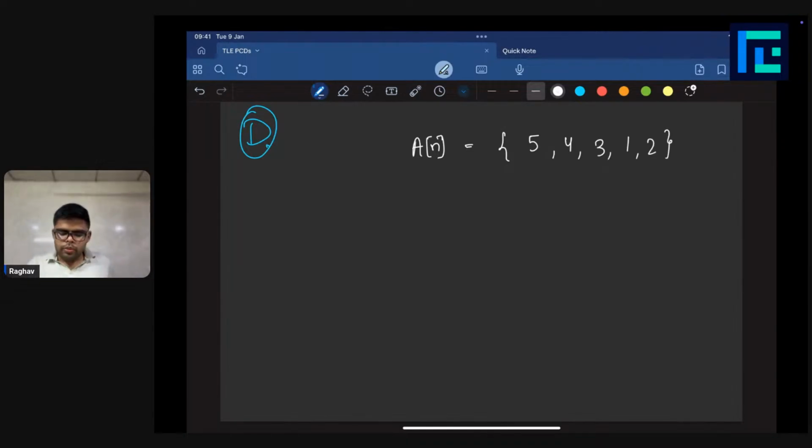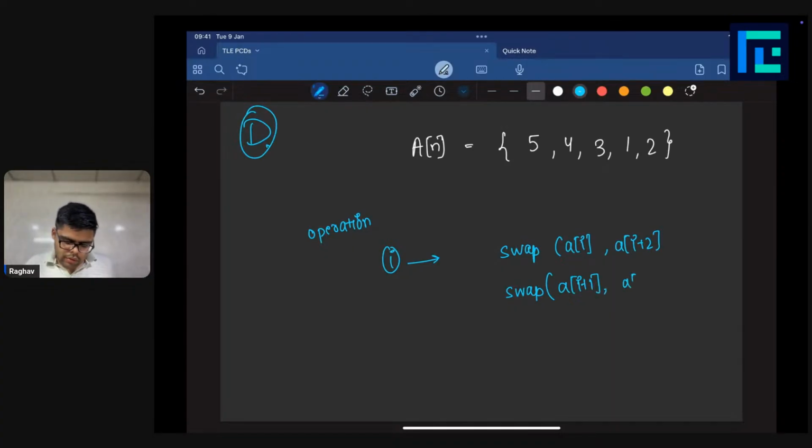The operation that we are allowed to do is choose some i, then swap A_i with A_(i+2) and swap A_(i+1) with A_(i+3). That's it. Just do this much.